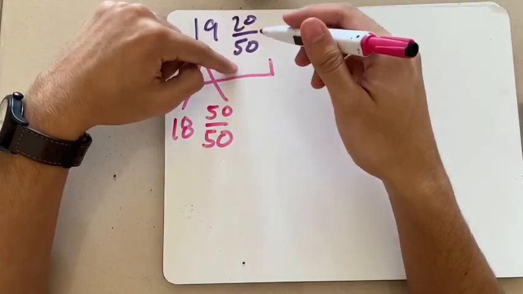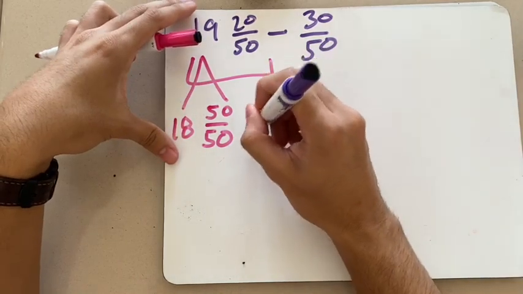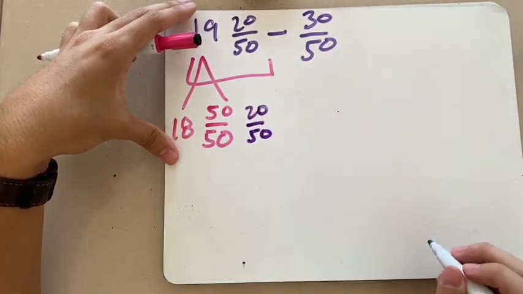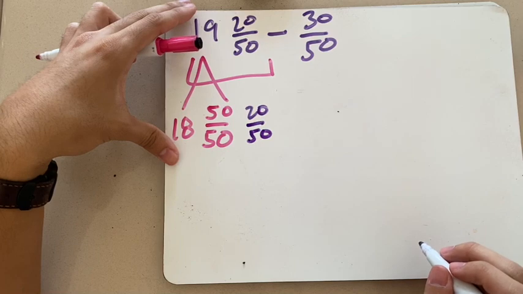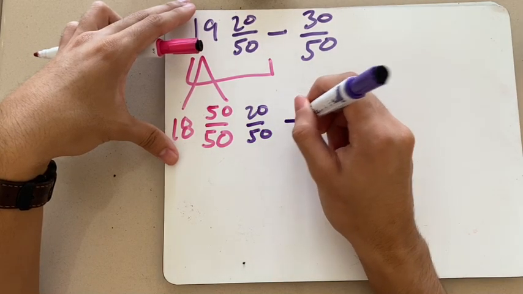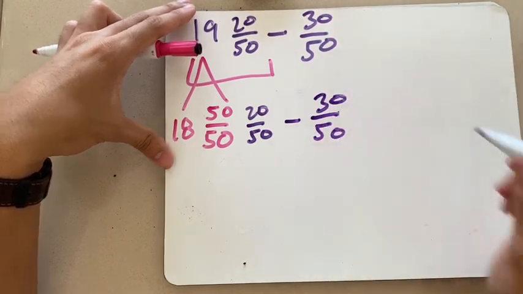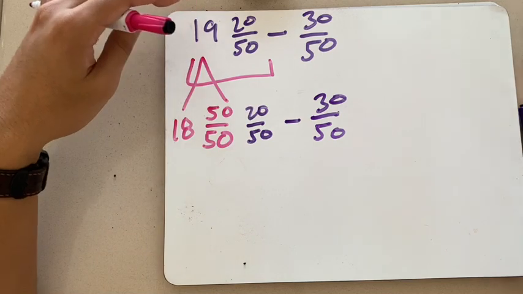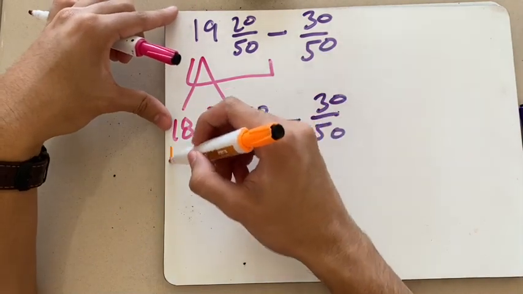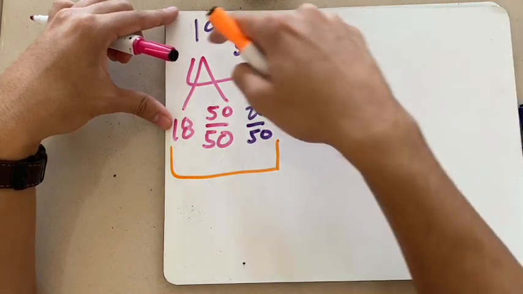And then let's bring down this guy, the 20 over 50. Okay? And then let's go ahead and just bring down this person too. Okay? But I'm noticing that all these things here, they're part of one fraction.